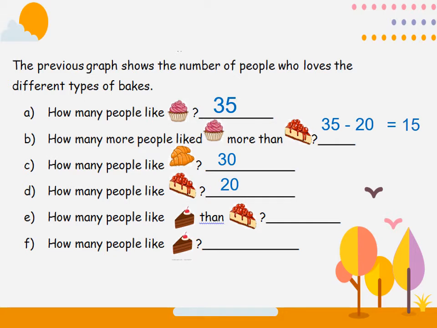We will also make a subtraction. The number of people who like the chocolate minus the number of people who like the cheesecake equals 5. Excellent. How many people like the chocolate cake only? 25. And this is the graph. It's so easy. Look at the graph and get the answers from the graph.